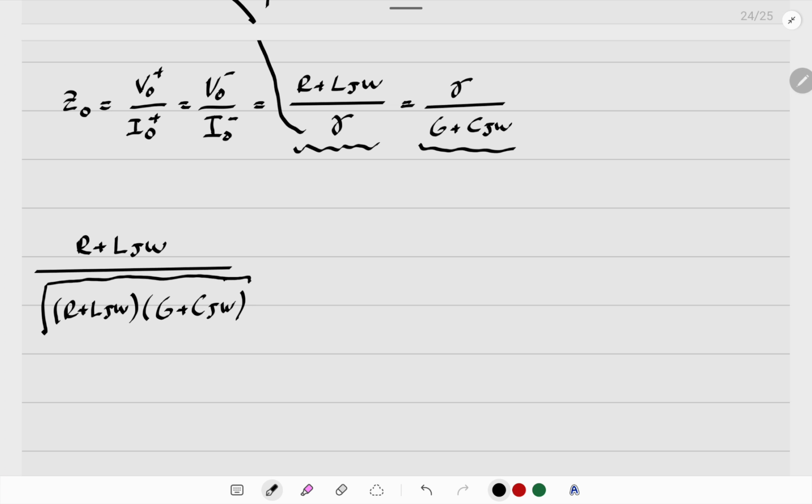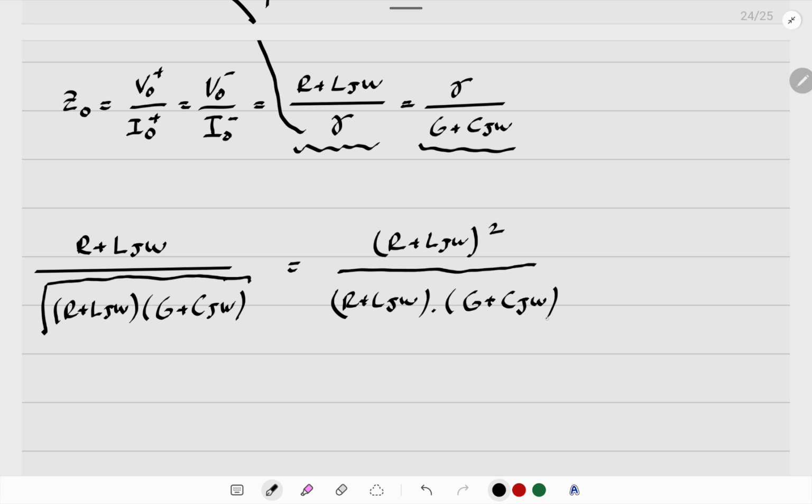If we take the square of both positions right here, it means r plus lj omega squared, and for the downside we have r plus lj omega over g plus cj omega. We get rid of this square root over here.